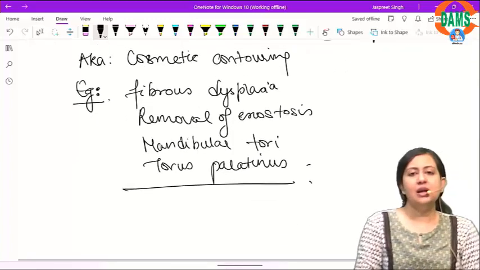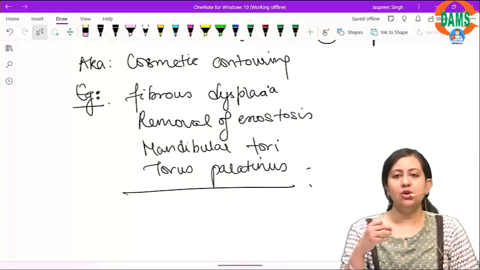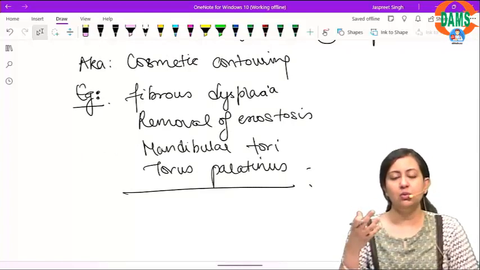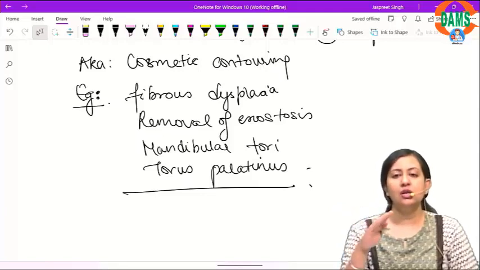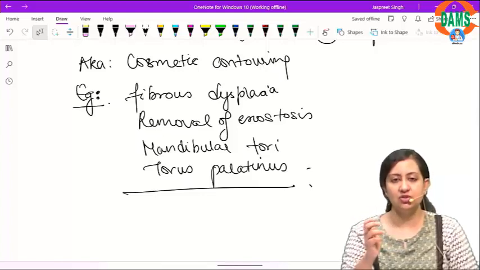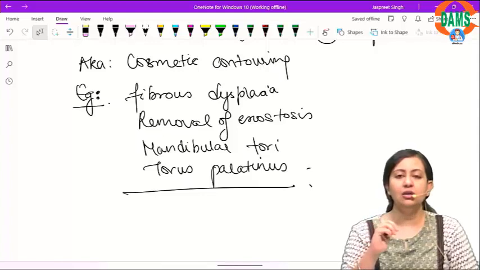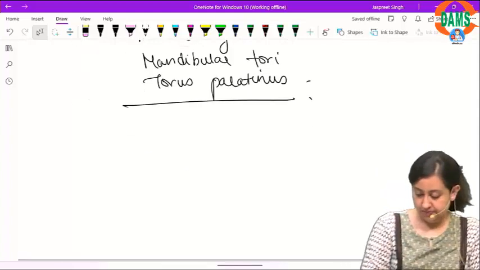So basically, any tumor or any bony overgrowth which is not malignant, which is not aggressive, but has altered the normal contour or normal shape of the bone, you can just go there, remove the excess bony tissue, give it a nice contour according to the normal bony structure, and your treatment would be done.